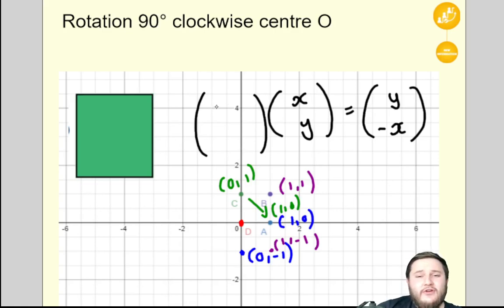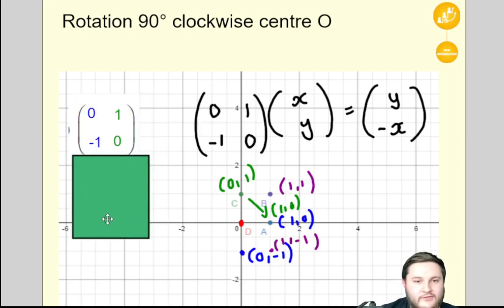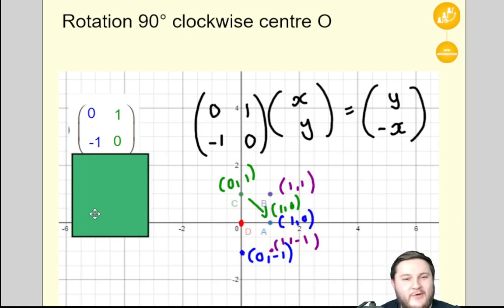Well, it's got to start 0, 1, because you want y at the top, because 0 times x is 0, 1 times y is y. Then on the bottom row, it's got to be minus 1, 0, because minus 1 times x is minus x, 0 times y is 0. So I flip them over, I've changed the x-coordinate negative, and here's one I made earlier, Blue Peter moment: 0, 1, minus 1, 0. So that is a rotation 90 degrees clockwise about the centre.